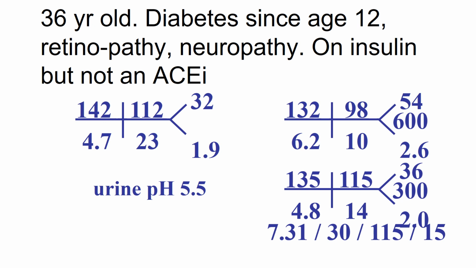So 1.5 times 14 is 14 plus 7, 21. 21 plus 8 is 29. And the patient's CO2 is 30, so that's within plus or minus 2, so that's normal. So here your final diagnosis would be a non-anion gap metabolic acidosis from hyperchloremic fluid resuscitation.